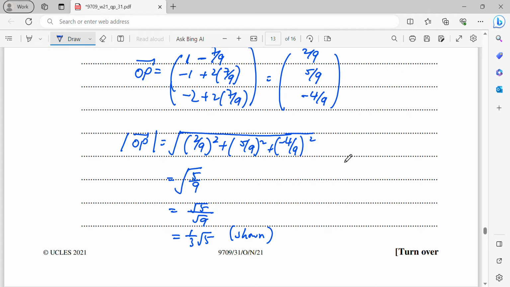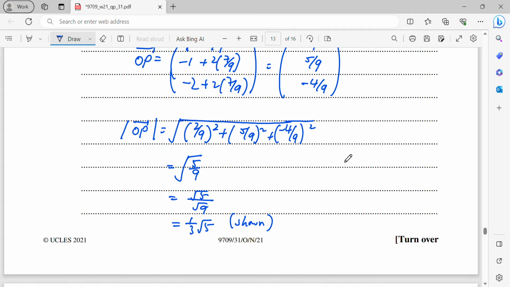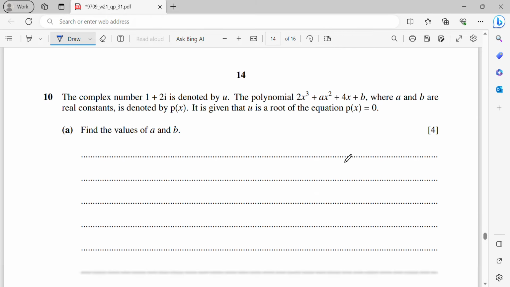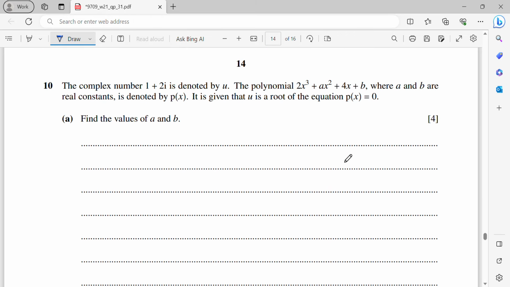Alright, so after this, let's move on to the next question, question number 10. For question number 10, the complex number 1 plus 2i is denoted by u. The polynomial 2x cubed plus ax squared plus 4x plus b, where a and b are real constants, is denoted by p(x).